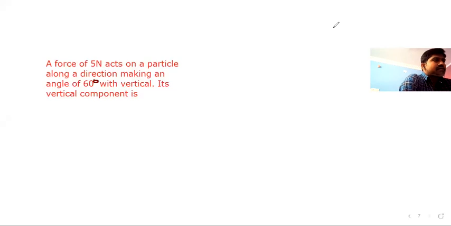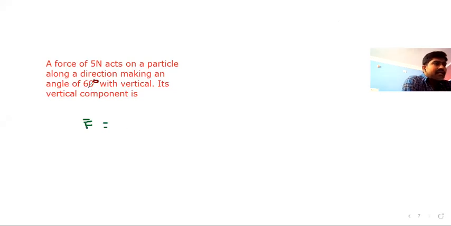A force of 5 newtons acts on a particle along the direction making an angle 60 degrees with vertical. How can you write the vector here? It is force only, so I will take F bar.